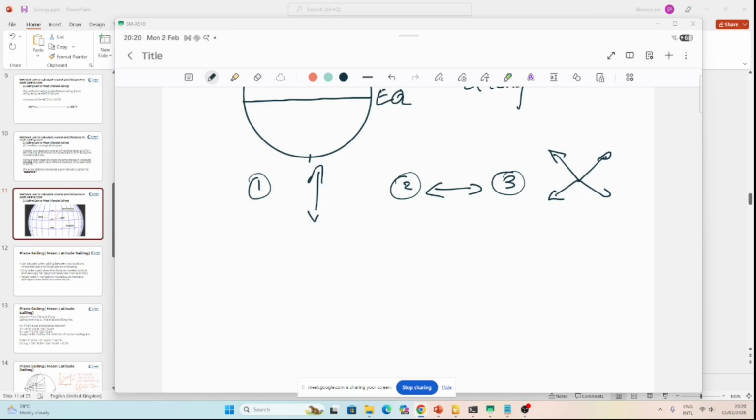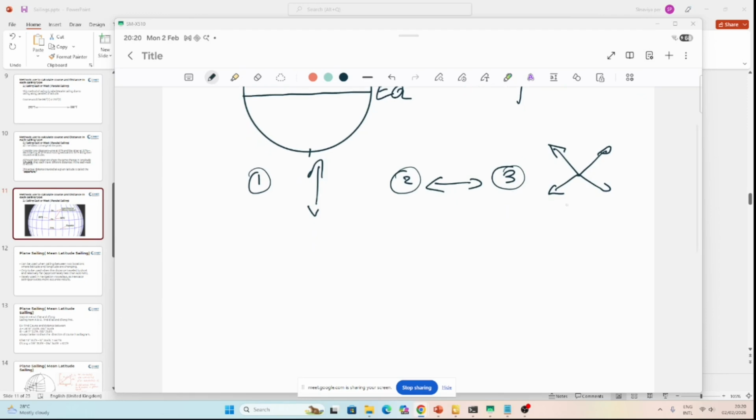What is required by a navigator is basically your course and distance. So in order to find the course and distance in the third type of sailing, you have plain sailing, then you have Mercator sailing, and you have great circle sailing.